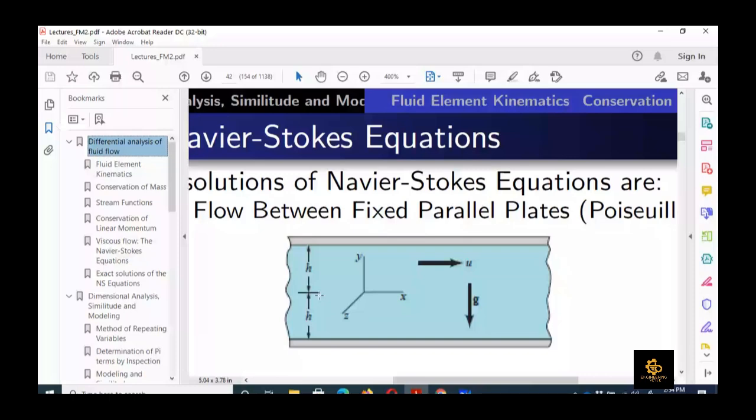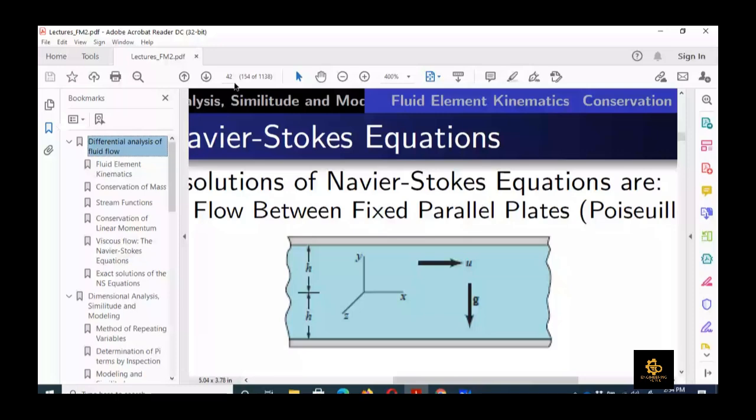The reason is that after doing the solution, we will find that the flow is symmetric along the center line. So that's why the y coordinate starts at the center, x similarly starts from here, and z is outward. Let me go back to the original.